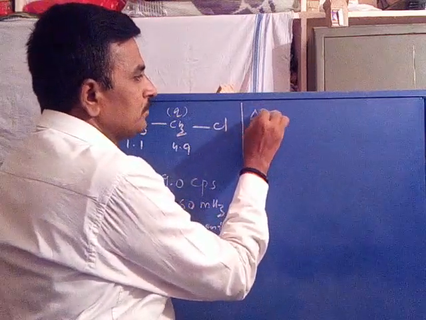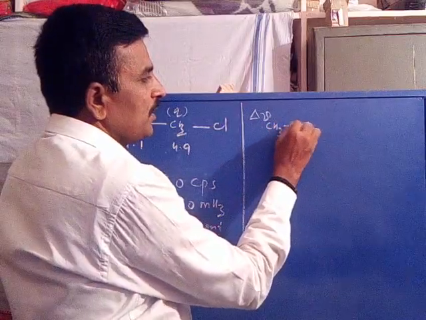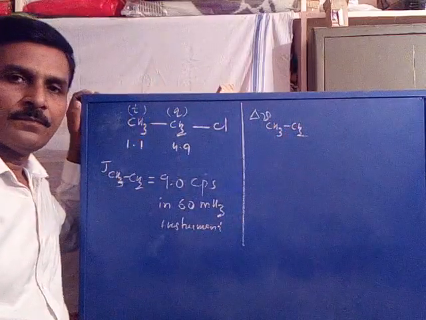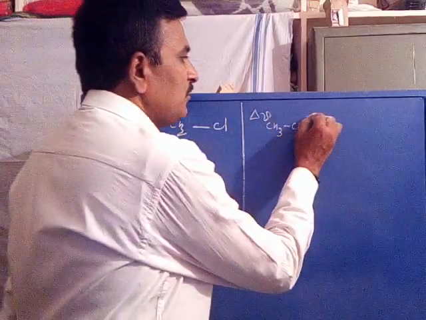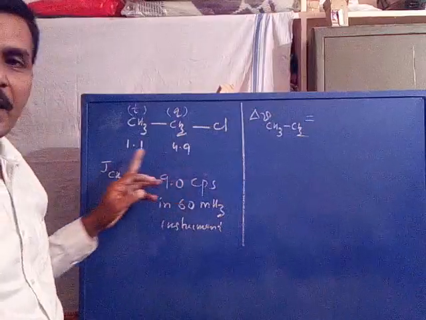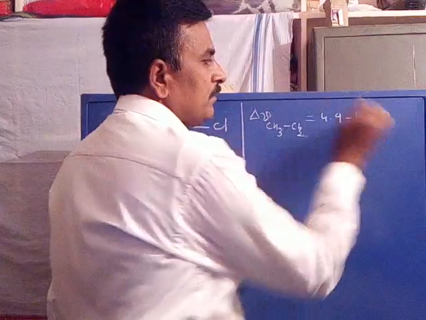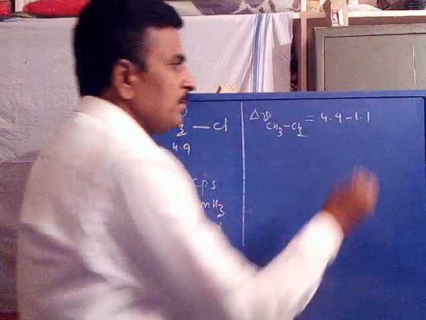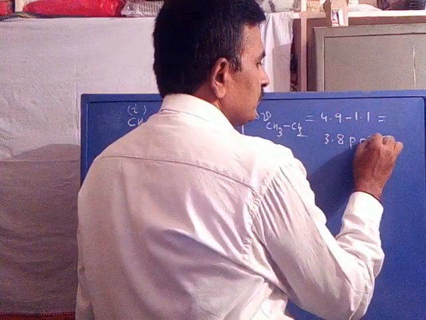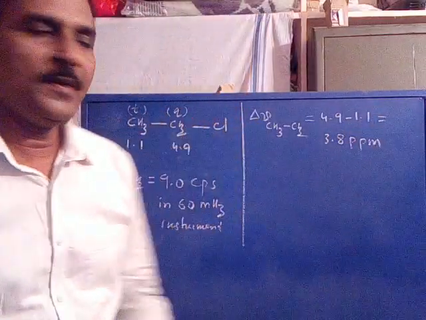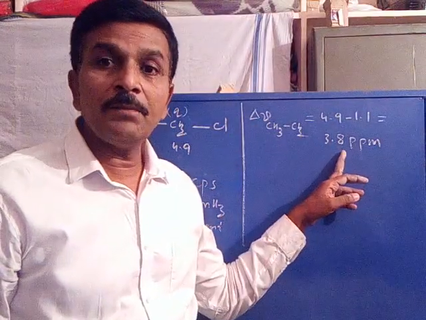Delta nu, the frequency difference between the CH3 and CH2 protons, is equal to 4.9 minus 1.1, that becomes equal to 3.8 ppm. So the difference in the absorption frequency is 3.8 ppm.